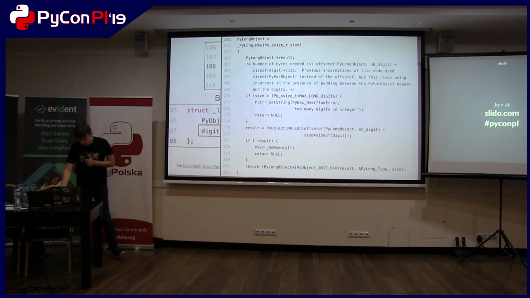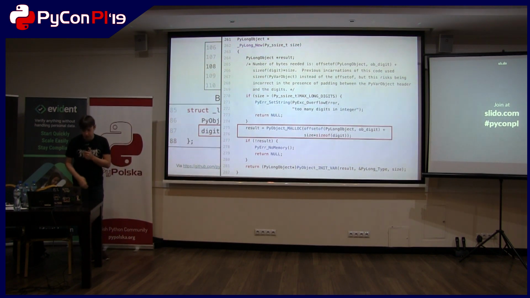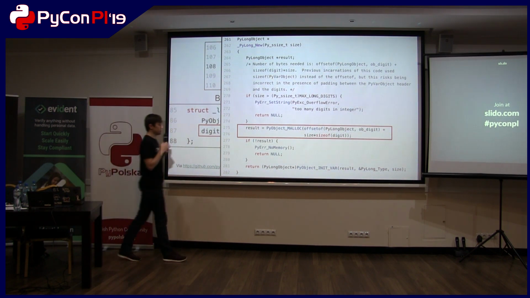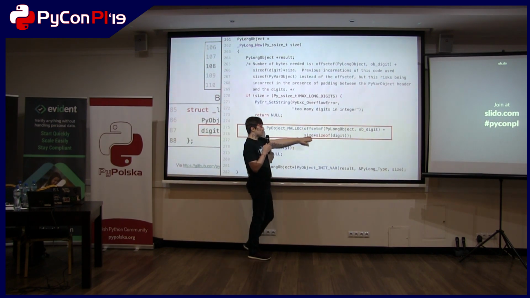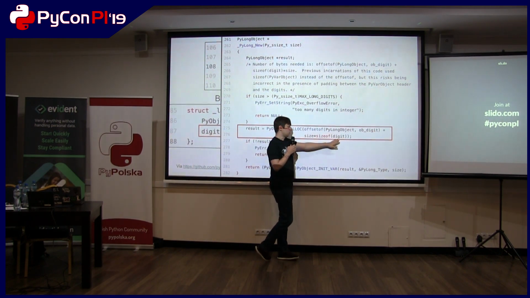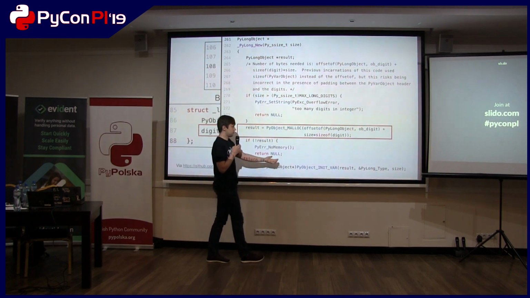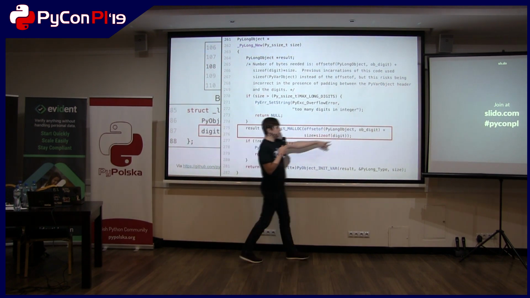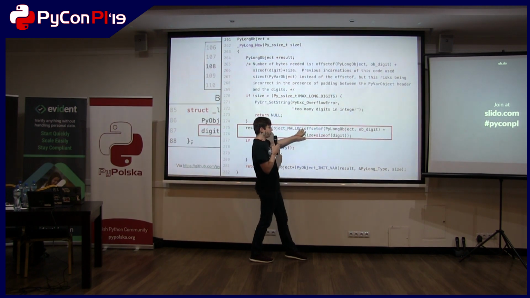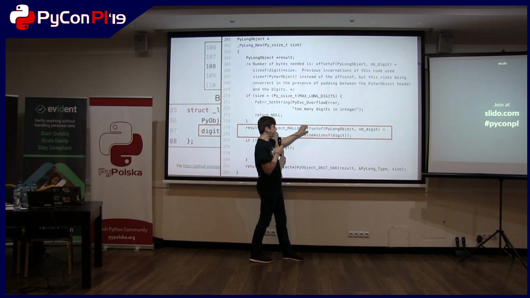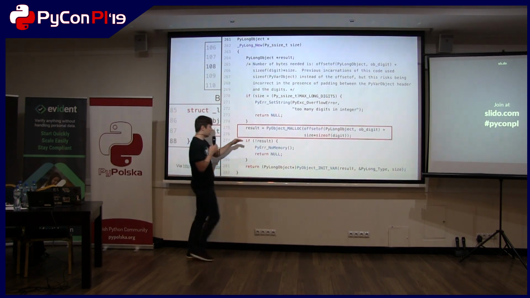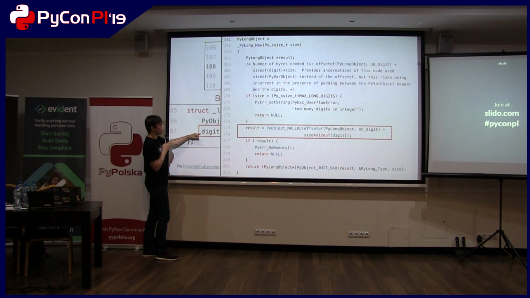In this function the interesting part is here, because we allocate memory, and we actually allocate size multiplied by the size of digit elements after the ob_digit field. We are taking the offset of ob_digit, which means we want to allocate the number of bytes up to the ob_digit field, and then allocate the memory for the ob_digit field.